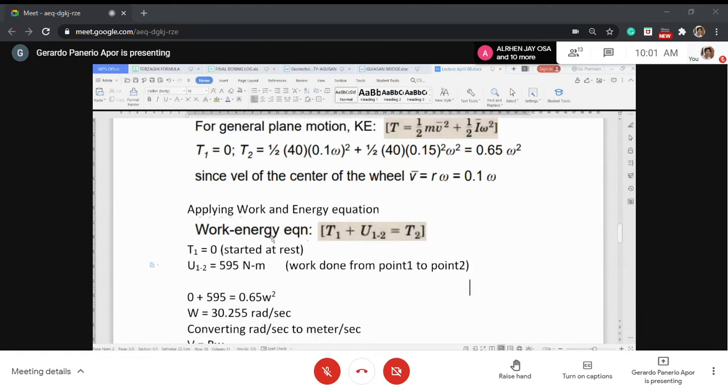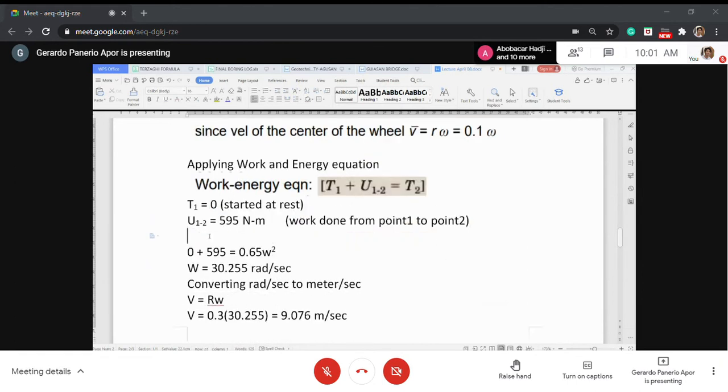Okay. How about T2? T2 is equal to the kinetic energy at point 2.